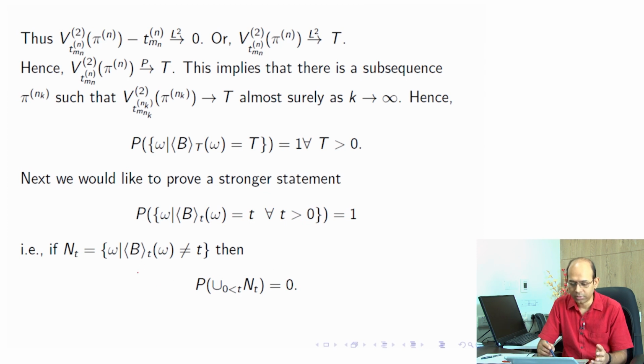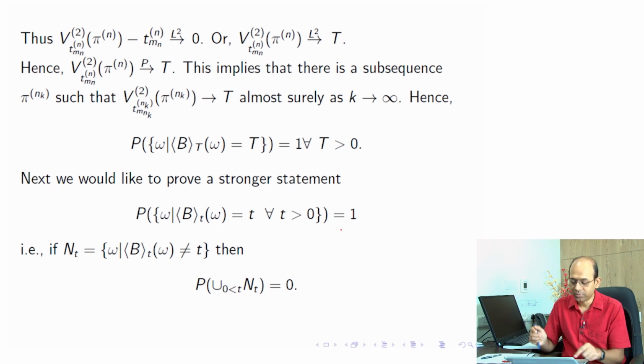It is true for all T, so its negation is that it is not equal for some T. So the union of all such Nt is what? Nt is where the quadratic variation fails to be T. If we take the union over all possible T, then the probability of that is 0. So this condition is synonymous with this. If you prove this thing, then we are done.